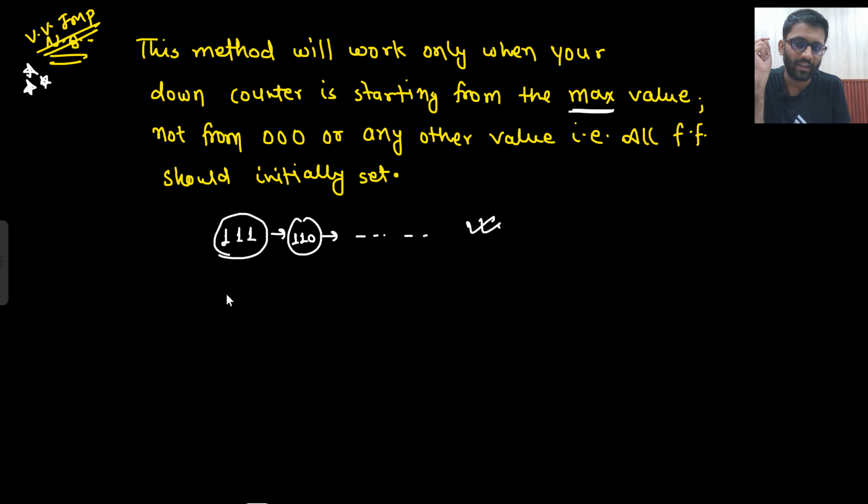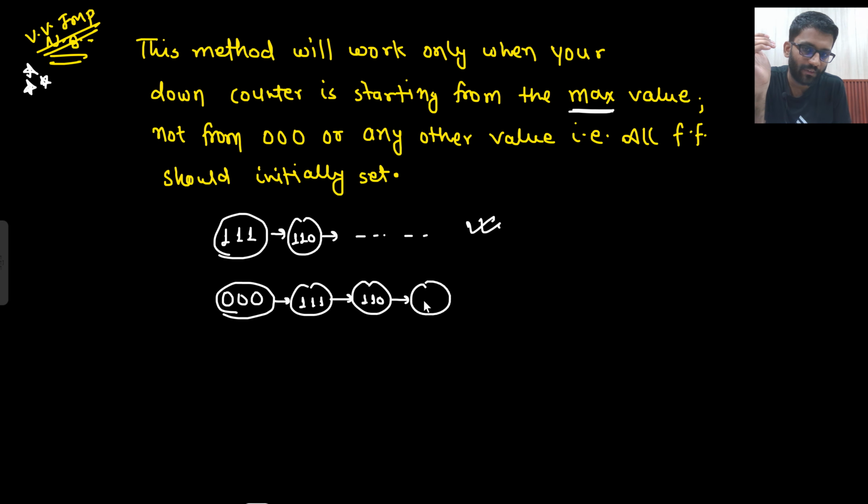But let's just say I am starting from 0 0 0. If I need to count down, then from 0 0 0 I will come to 7, then I will come to 6, then 5. In that manner I will go. So here this method will not be applicable.